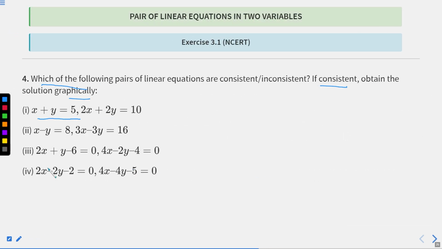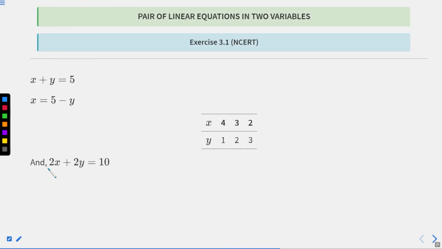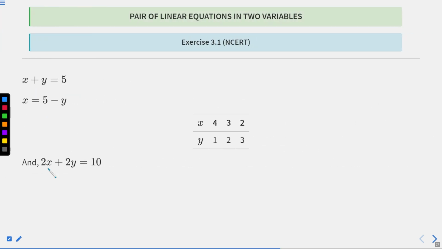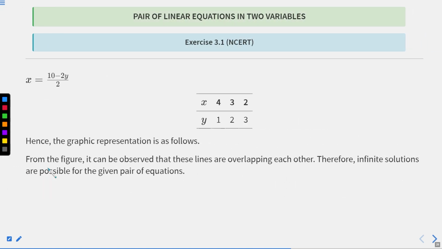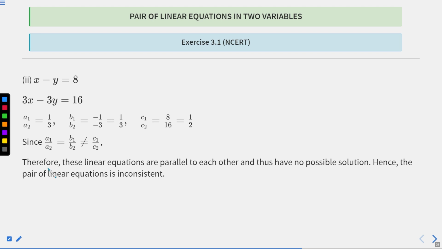In the next question we have the pair of linear equations x minus y equal to 8 and 3x minus 3y equal to 16. Here the ratio a1 by a2 is equal to 1 by 3, the ratio b1 by b2 is equal to -1 by -3, that is 1 by 3, and the ratio c1 by c2 is equal to 8 by 16, that is 1 by 2.